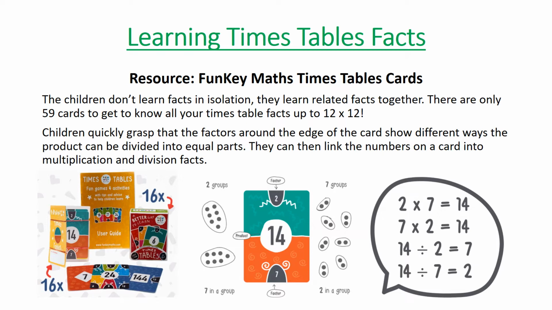There are only 59 cards to get to know all your times table facts up to 12 times 12. Children quickly grasp that the factors around the edge of the card show different ways the product can be divided into equal parts. They can then link the numbers on a card into multiplication and division facts as shown in the example below.